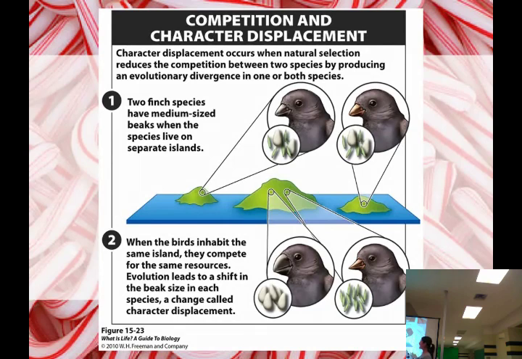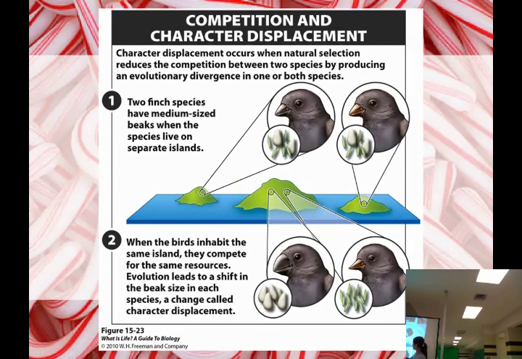So as we have droughts and rainy seasons, if it is dry during drought time, then this finch is going to eat bigger seeds, and so the ones that have bigger beaks are going to be able to crack more seeds, get more energy, have lots of babies. And if you have this finch species that's better able to eat small seeds, then it's going to find the small seeds, eat them, get lots of energy, have lots of babies.